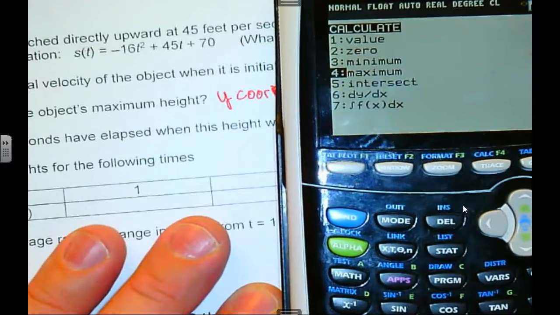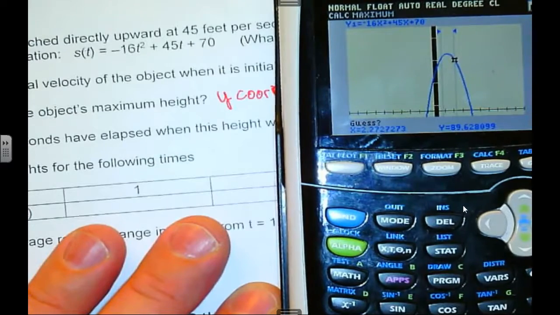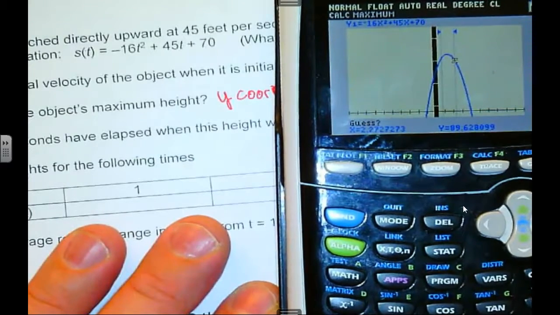Hit enter. Now it's asking me the left bound, right bound. Make sure your cursor is to the left of the maximum. Hit enter. Then make sure your cursor is to the right of that maximum. Hit enter again. And then it's going to estimate where that maximum is.